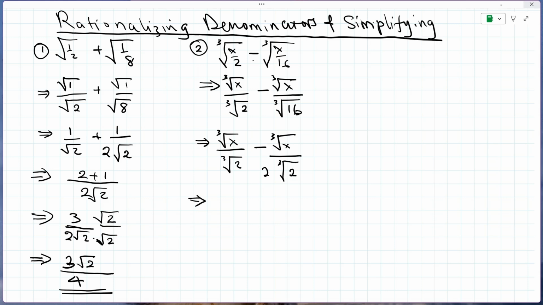We need to look for the lowest common multiple here, and we have it as 2 cube root of 2. 2 cube root of 2 divided by cube root of 2 will be 2, and then 2 times cube root of x will become 2 cube root of x minus, again, 2 cube root of 2 divided by 2 cube root of 2 is 1, and 1 times cube root of x will give us just cube root of x.